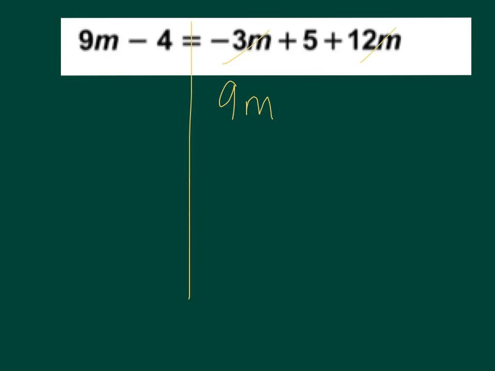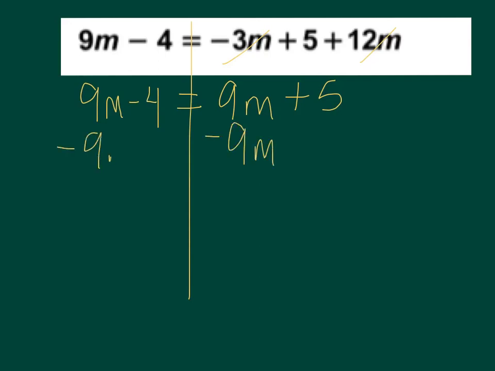I'm going to bring down my plus 5, my equal sign. There's nothing to combine over here. Now I'm going to move one of my 9m's. It doesn't matter. I'm going to move this one. Those cancel. I'm left with negative 4. Bring down my equal sign. Those cancel. I'm left with 5.